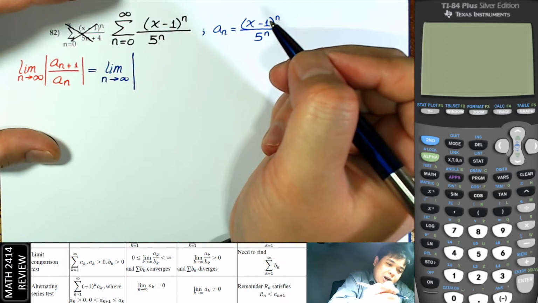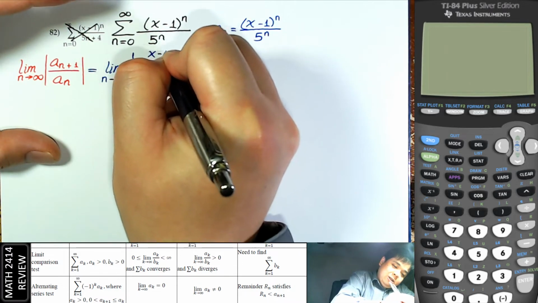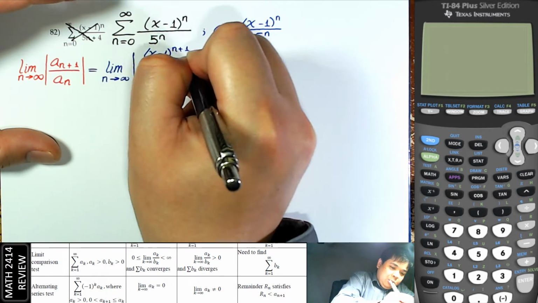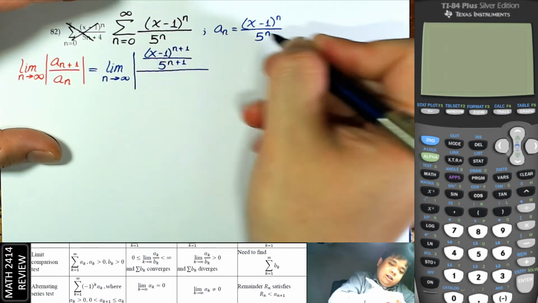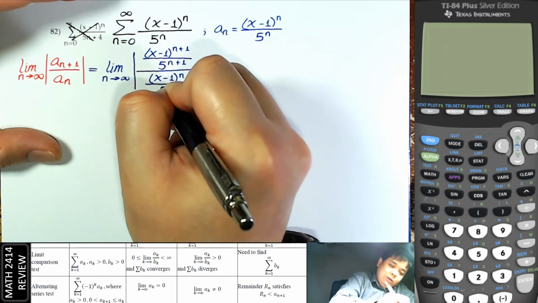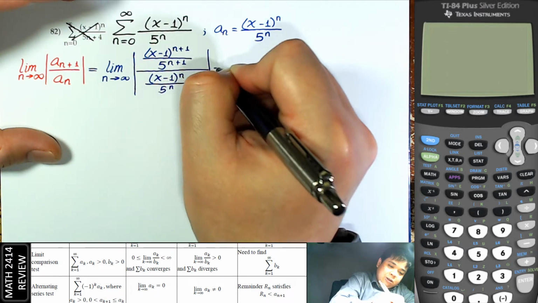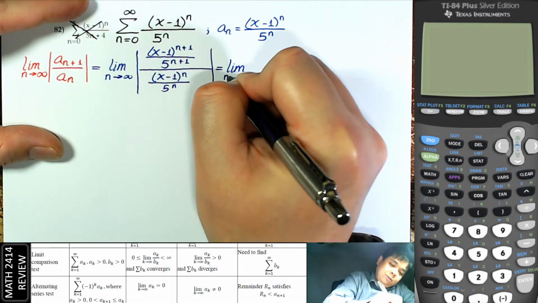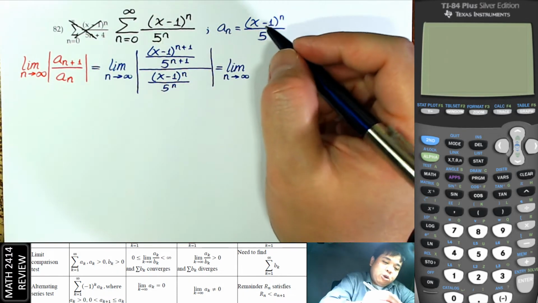A sub n plus 1, so that x minus 1 to n plus 1 over 5 to n plus 1, over x minus 1 to the n over 5 to the n. Actually, we can just use geometric series.